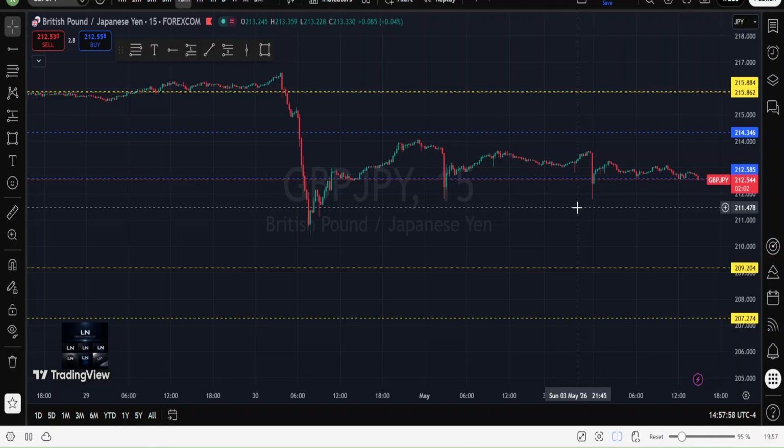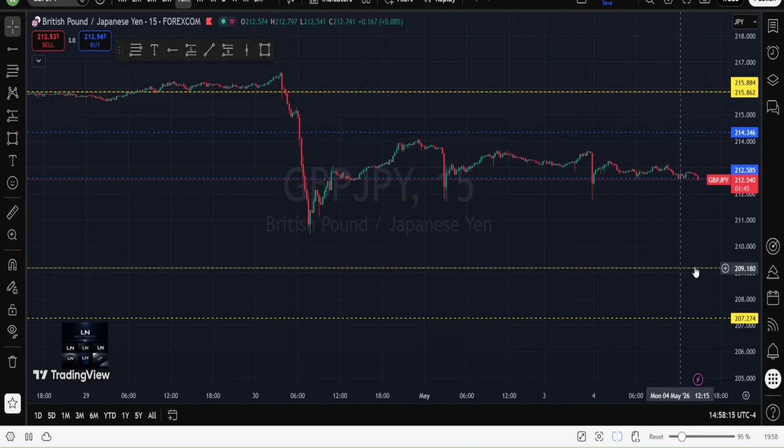If you start waiting for liquidity to be taken before entry, your entry will change, and your trading style will change. You stop chasing price, you stop guessing, and you start aligning with how price actually moves.